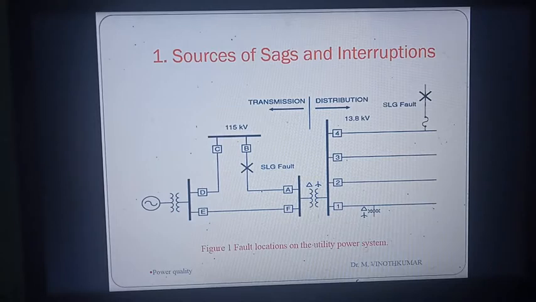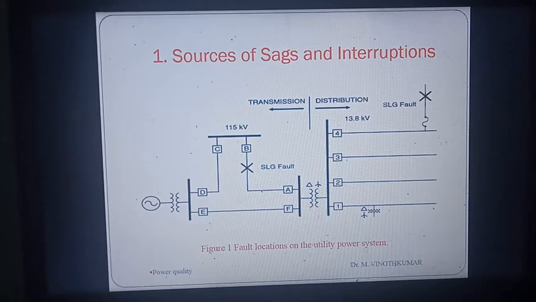The recloser operation will take about 5 or 6 cycles, and it typically remains open a minimum of 12 cycles to 5 seconds.